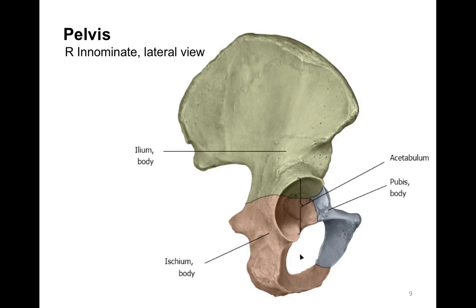Looking at a lateral view of the right innominate bone, we can recall that this bone consists of three fused individual bones, superior being the ilium, the inferior anterior component being the pubic bone, and the inferior posterior component being the ischium.